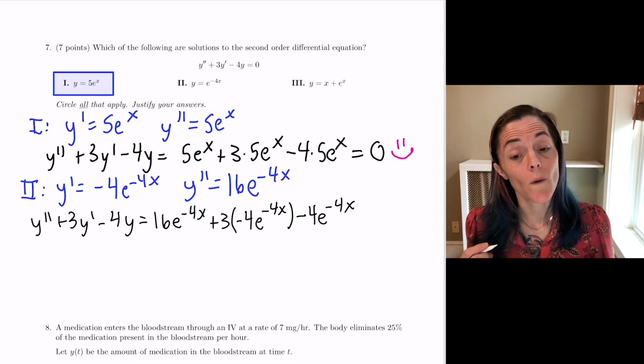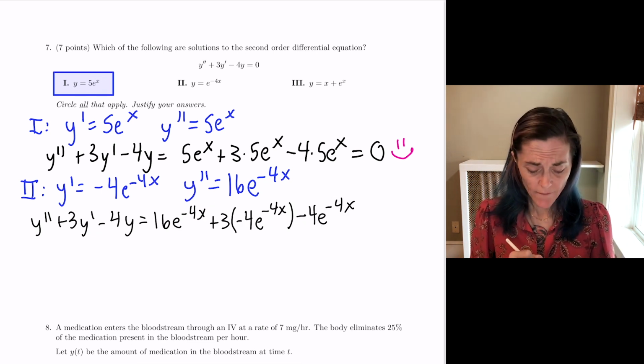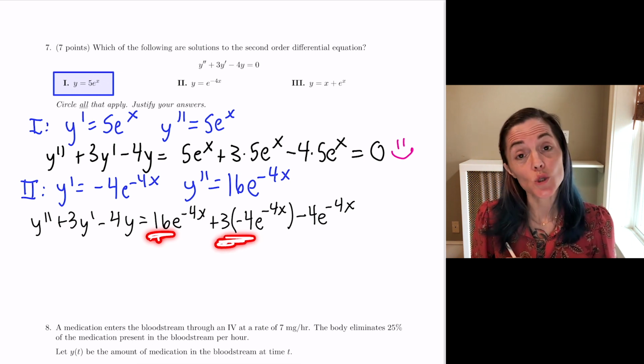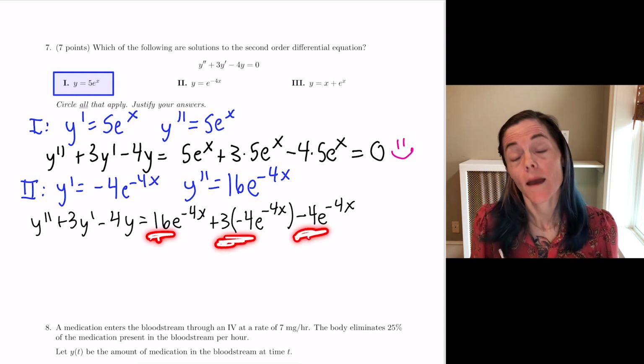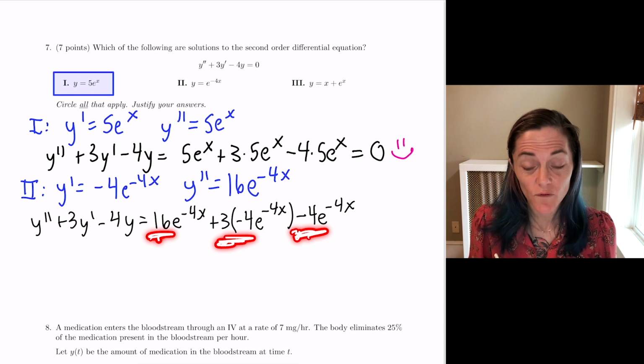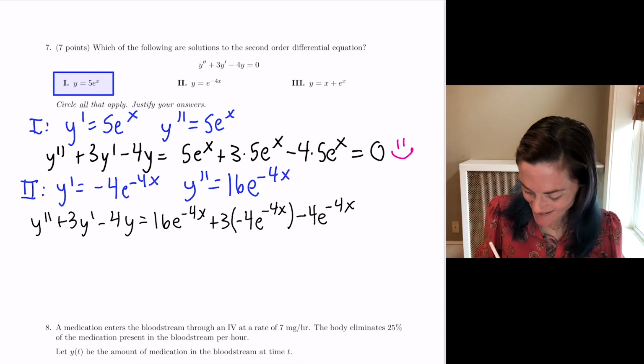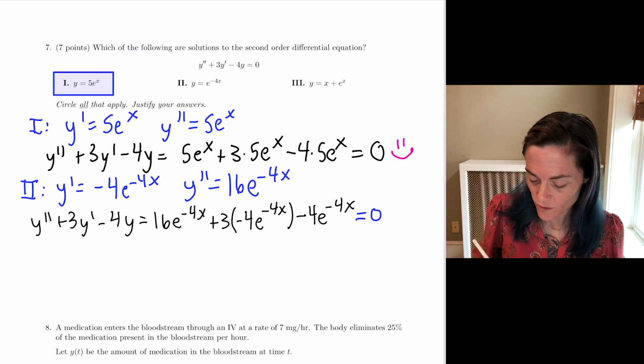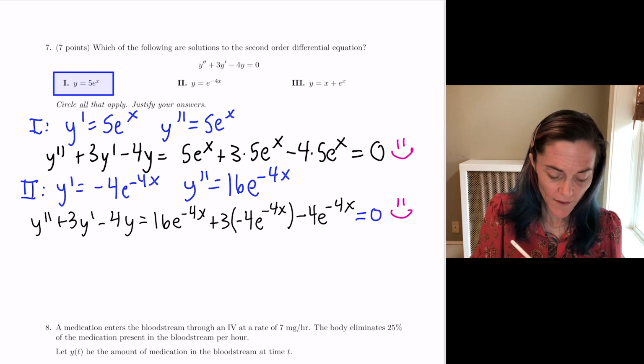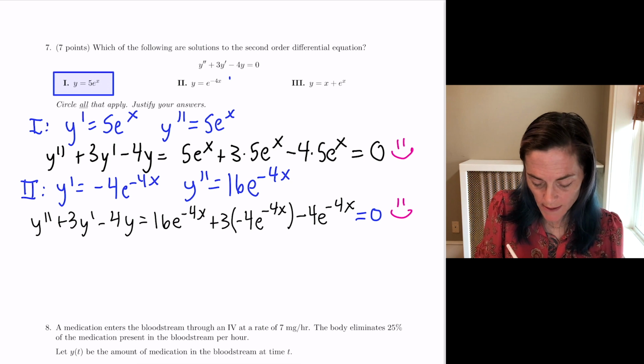Let's think about the coefficient here. We have 16 minus 12 minus 4. 16 minus 12 minus 4 is 0 times e to the minus 4x. So we get 0. Hooray! Okay, we have another solution. Let's circle it.